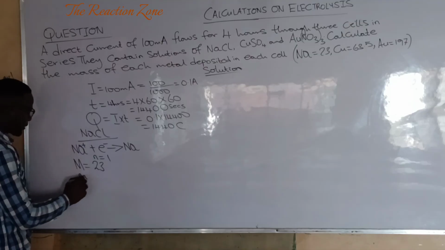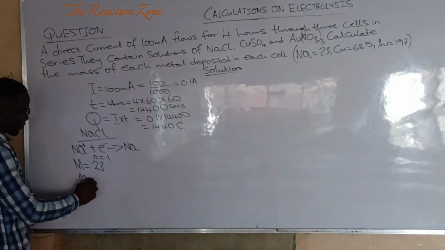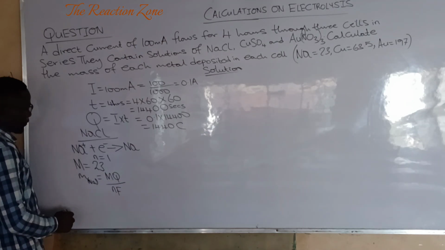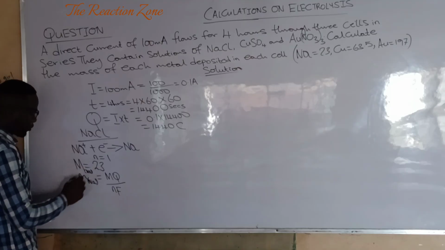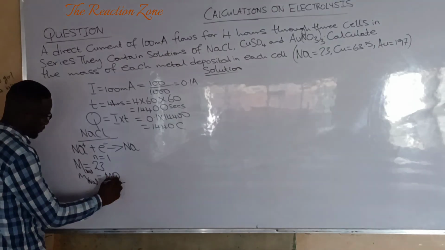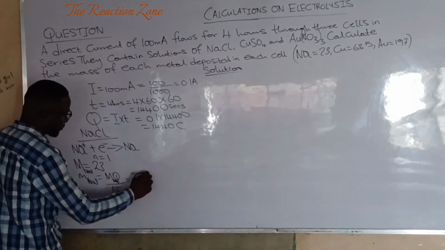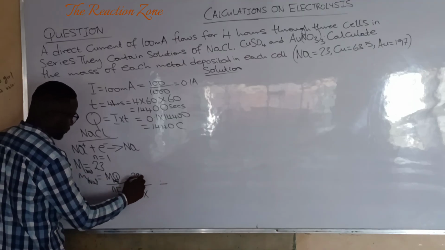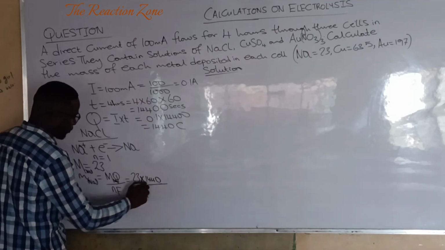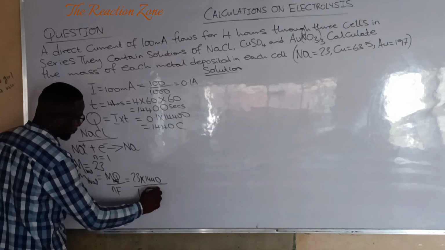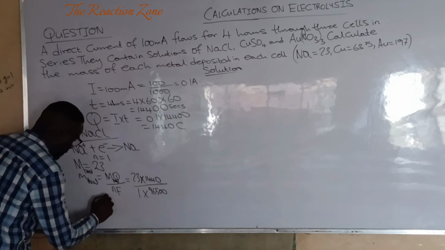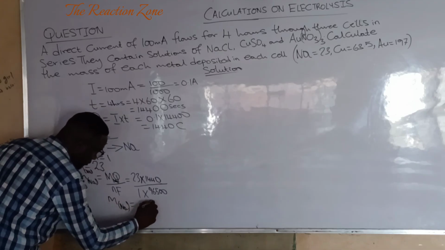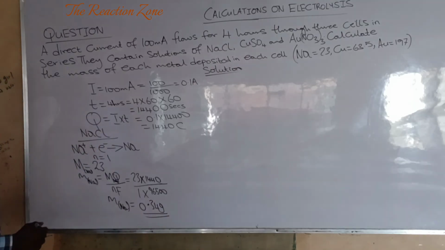So, to get the mass of sodium that is deposited, it is simply going to be M times Q over nF, where this M here is the atomic mass of sodium. So this is simply going to be 23 times 1440, that's Q, divided by 1 times 96,500. And the mass of sodium that is going to be deposited is simply going to be 0.34 grams. So this is the mass of sodium deposited.